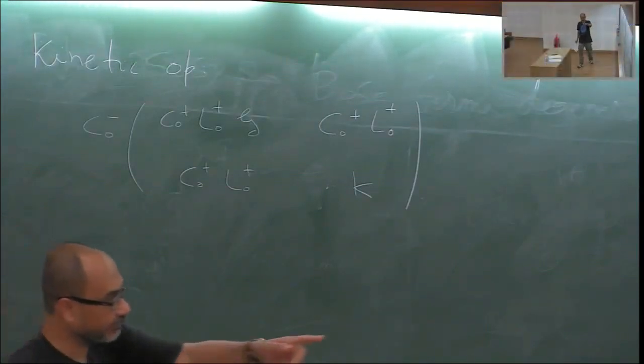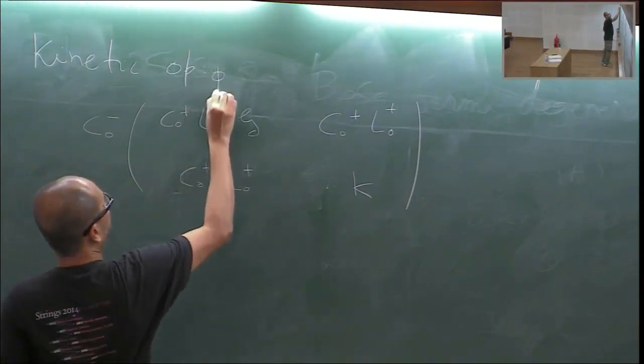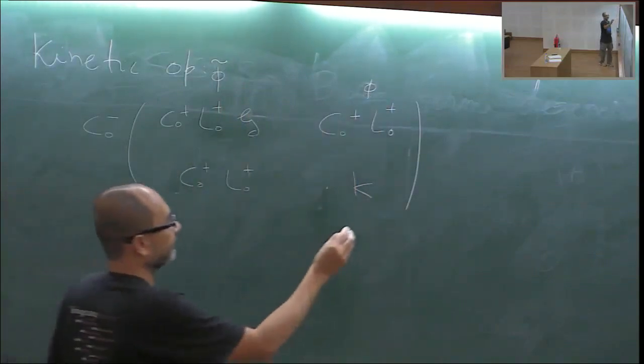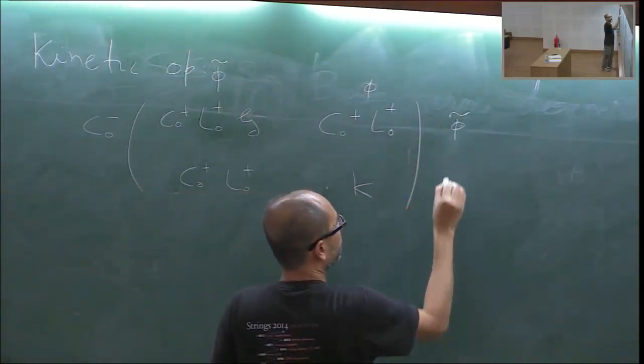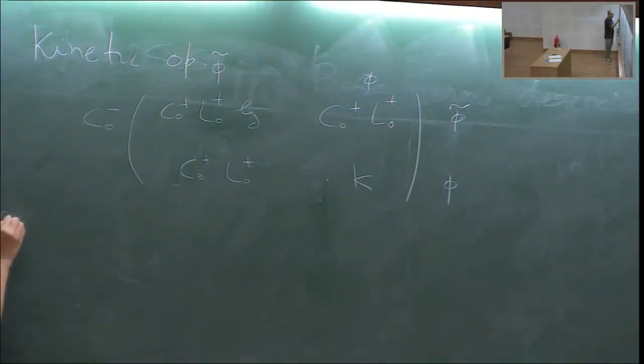Okay, I have written down that in a phi tilde language. So this is phi tilde phi, and on this side it's phi tilde phi. So the propagator will be its inverse.